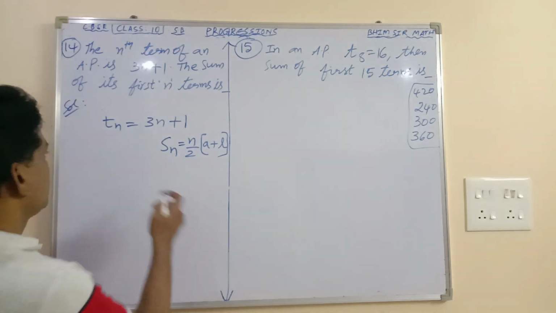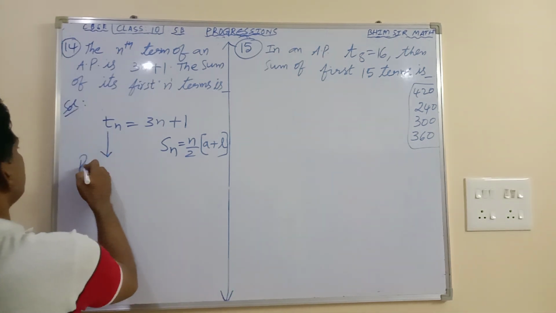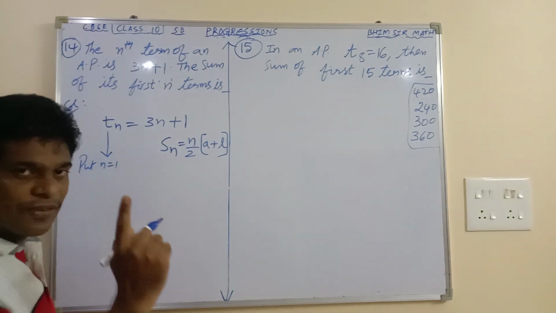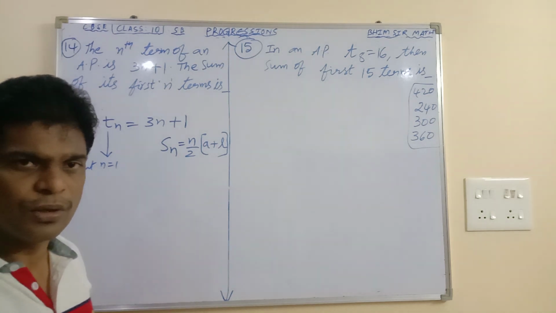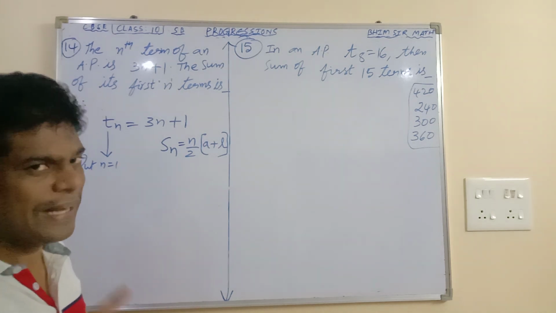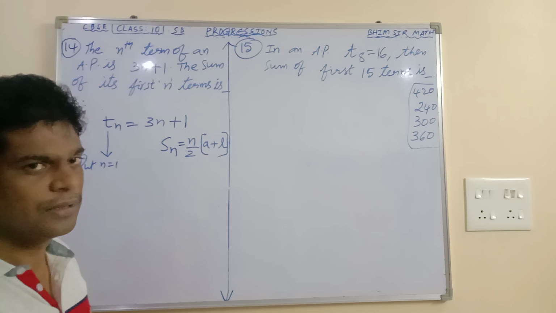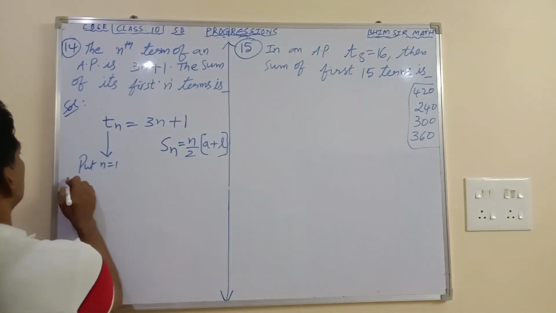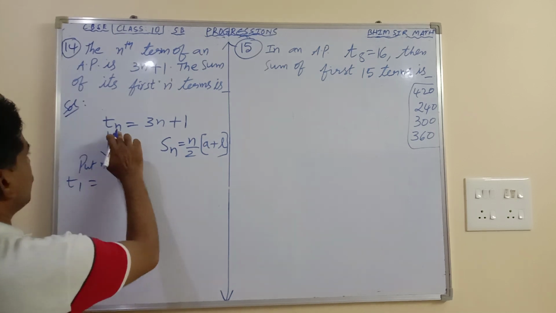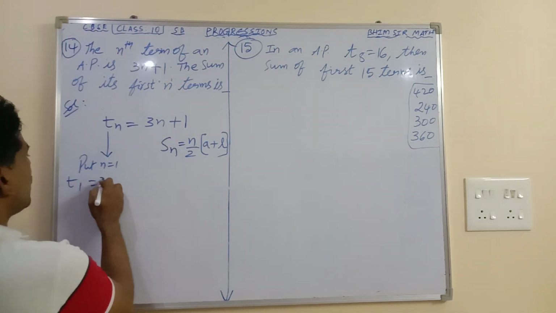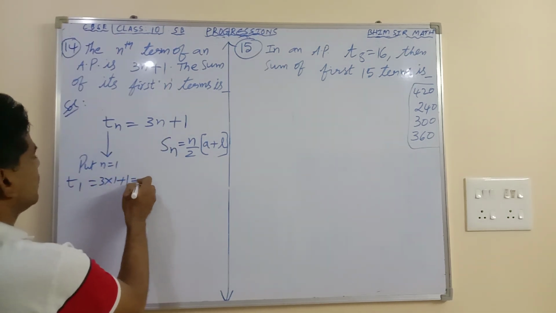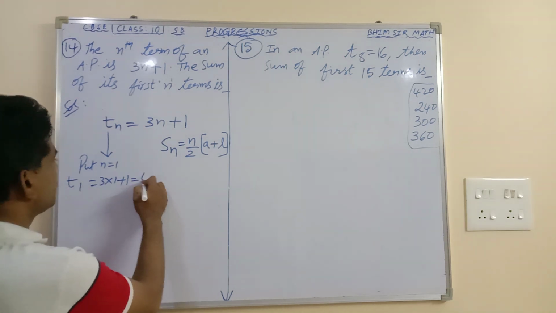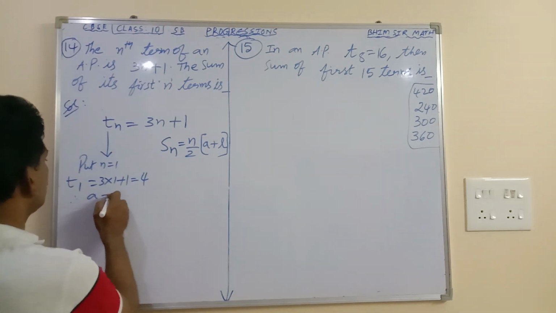Very easy. Put n equal to 1, you will get the first term. Put n equal to 2, you will get the second term. Put n equal to 3, you will get the third term. First term is nothing but a. So T1 is 3 into 1 plus 1, 3 plus 1, that is 4. Therefore, a is 4.